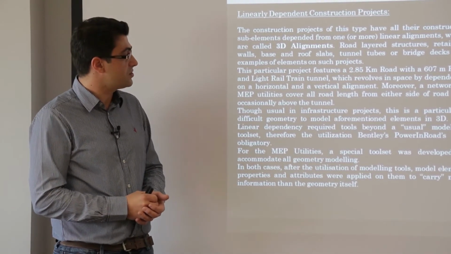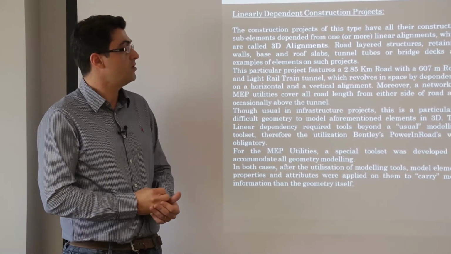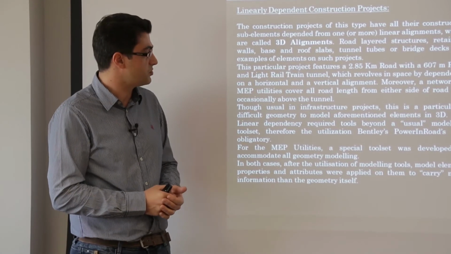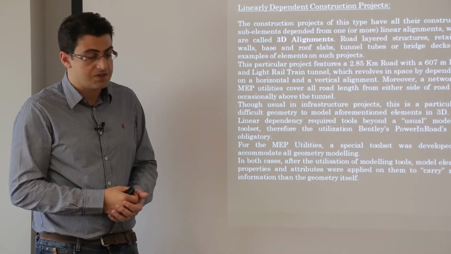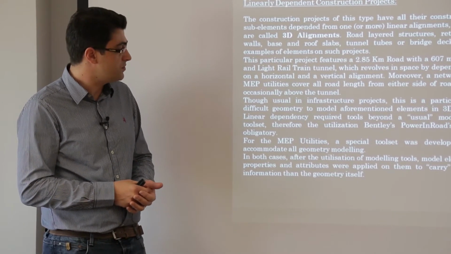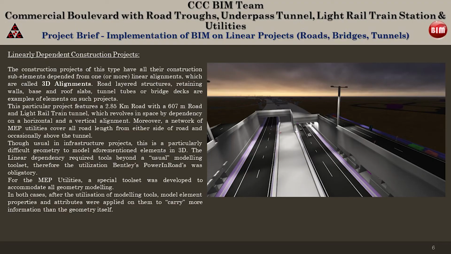Road layered structures, retaining walls, base slabs, roof slabs, abutment walls, tunnel tubes or bridge decks are examples of elements on such projects. The particular project, as we said, features a big road with a big tunnel, which has 3 tubes, one for each direction of the road, and additionally another one for the light rail train track.